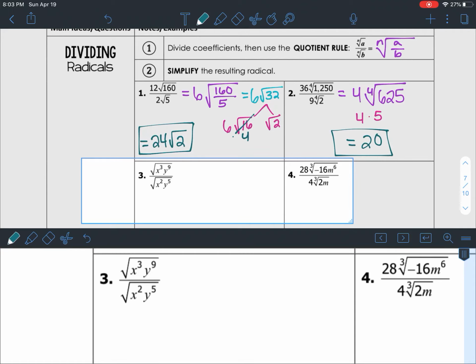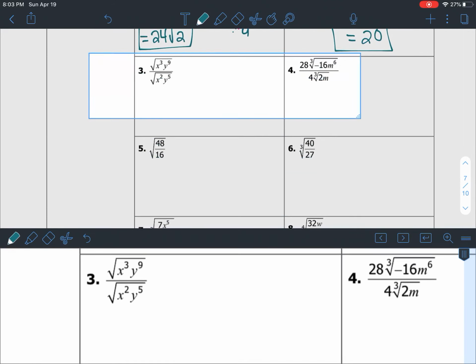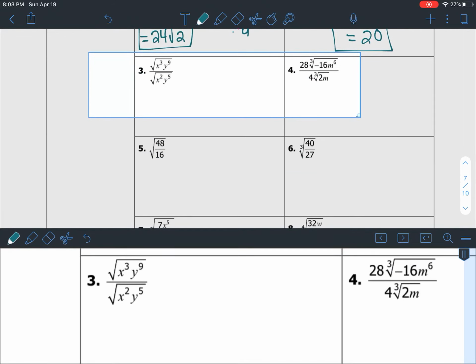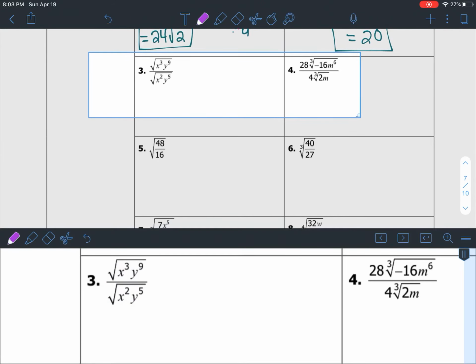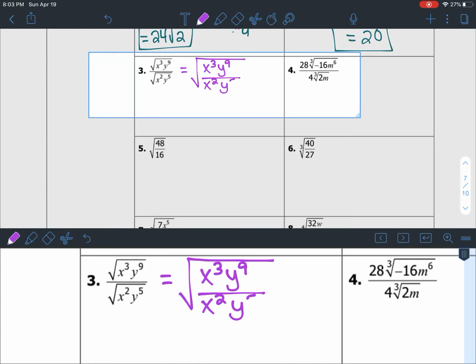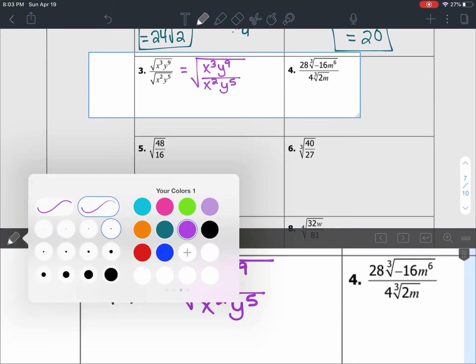So when we bring our variables into these kinds of problems, a similar thing happens. What I want us to keep in mind is that what we're really doing here is the square root of x cubed y ninth over x squared y to the 5th.